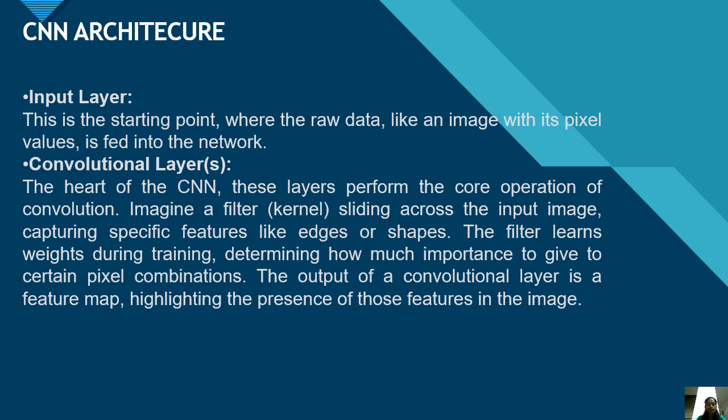The filter learns its weights during training, which determines how much importance to give to a certain pixel combination. The output of a convolutional layer is the feature map, highlighting the presence of those features in the image.